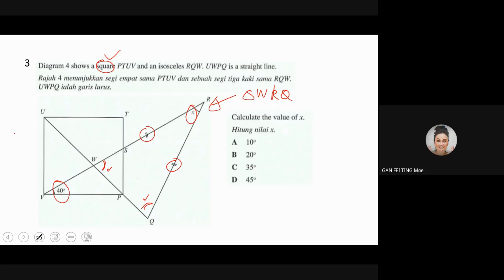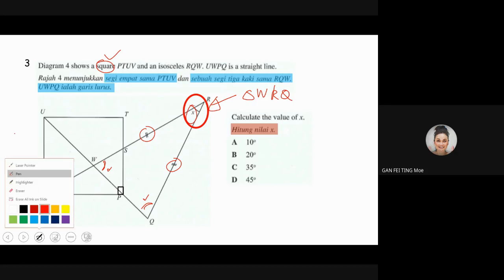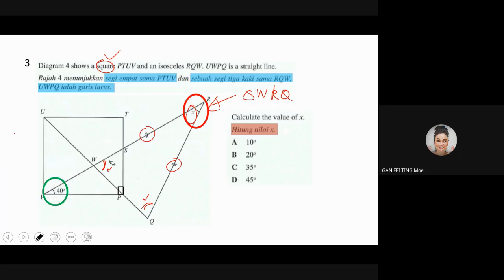If 40 is given to me, and it says that it is a square and an isosceles triangle, I'll be able to know that there will be a right angle at P. I need to take away all this so that it won't be so untidy. That is 90 degree.